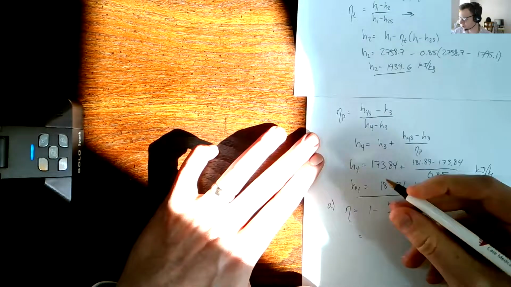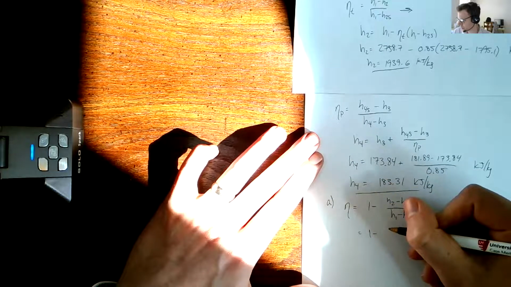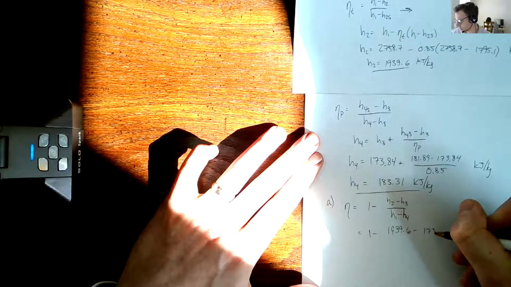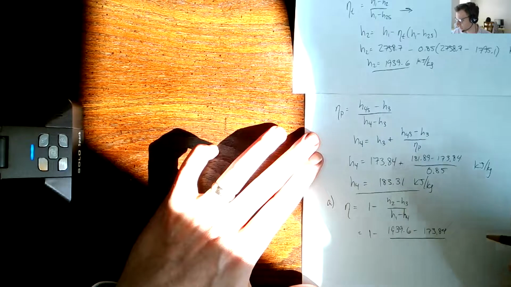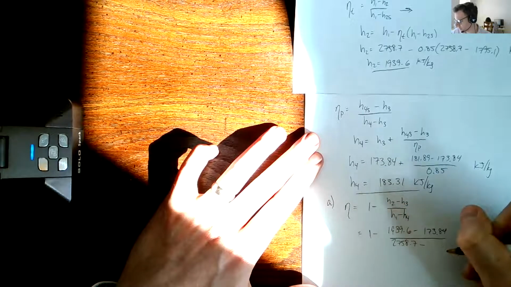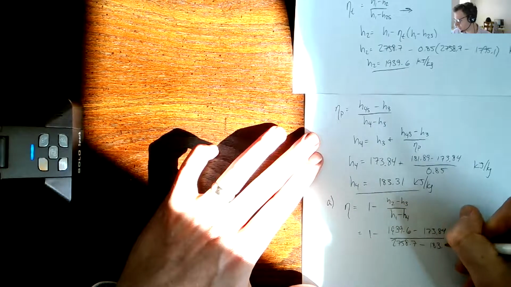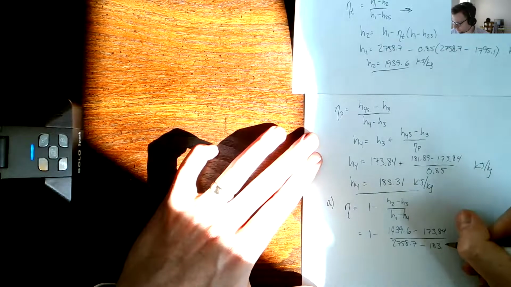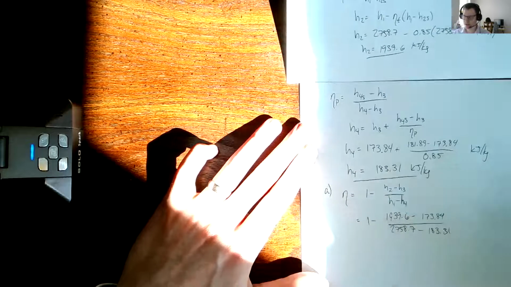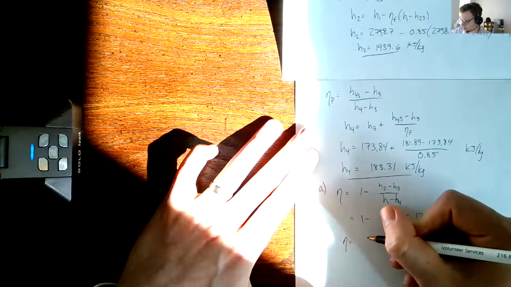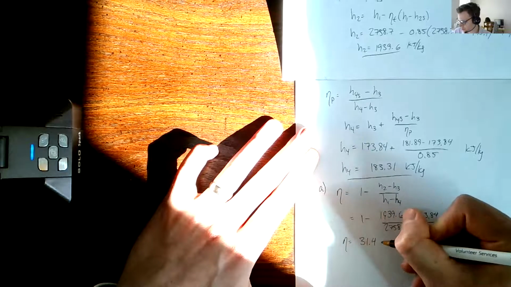I have all the numbers again, so this is 1 minus (1939.6 minus 173.84) divided by (2758.7 minus 183.31). The units are going to cancel, so I won't bother writing them down. And so I get the overall thermal efficiency is now 31.4%.